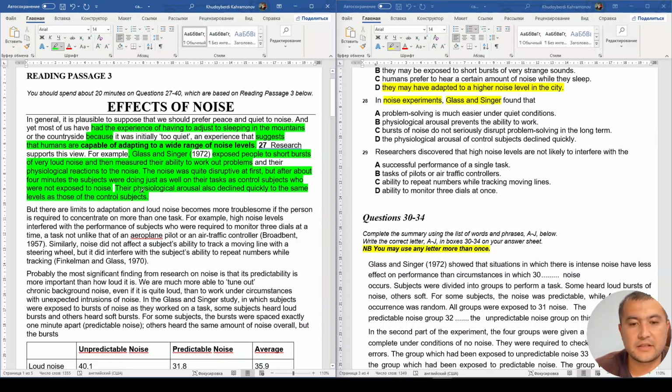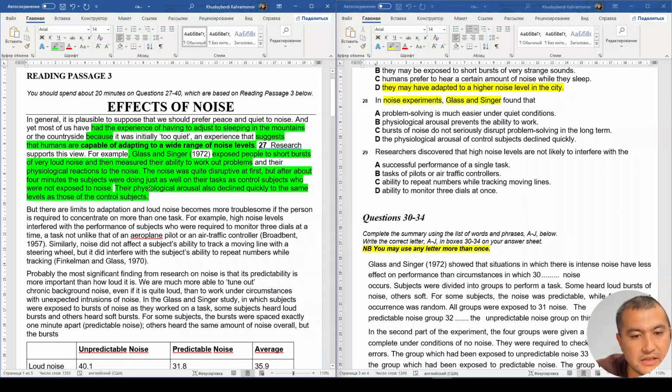This kind of sentence is called a trap. Why? So let me show you. We have the words psychological arousal here and declined quickly. We have the exact verb declined quickly. However, in the question it says psychological arousal of control subjects. So it's the control subjects' psychological arousal.